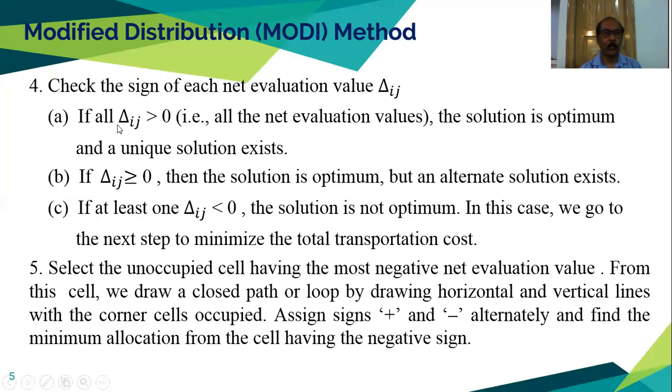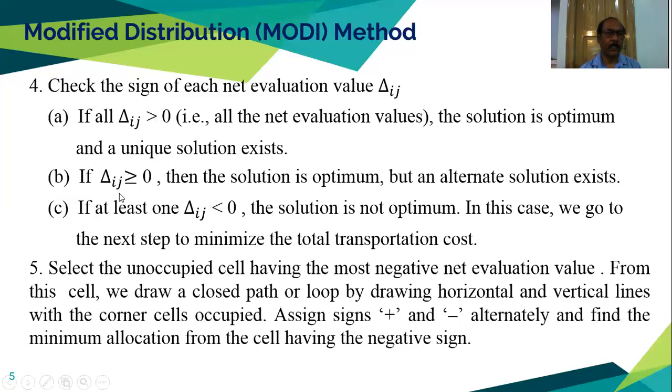So the table in which we get all delta greater than 0 is the optimum table, and we can say that the optimum solution exists for that particular transportation problem, and that optimum solution is unique because it is greater than 0.